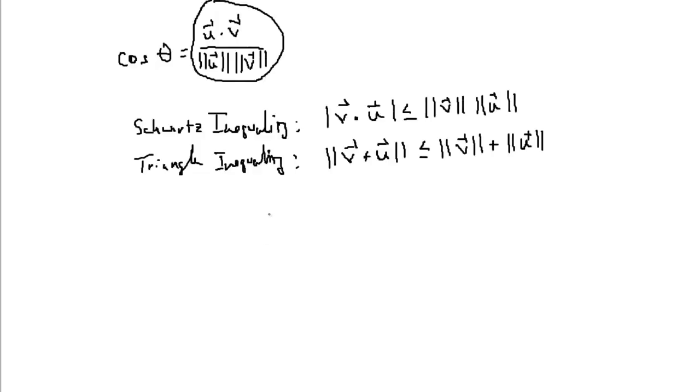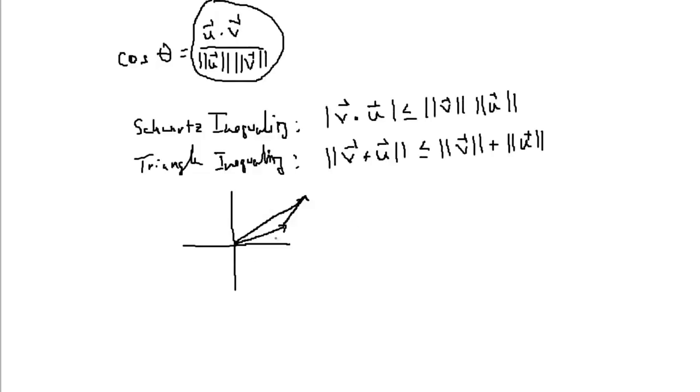One way to think about this is if I've got two vectors and I add them together, I can think about the length of those two vectors. So I've got some vector here and I add it to some vector here to get this resultant vector here, right? And that forms a triangle, which is why they call it the triangle inequality.